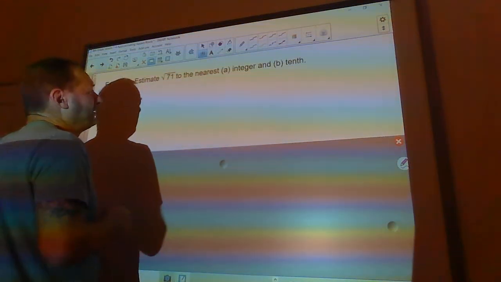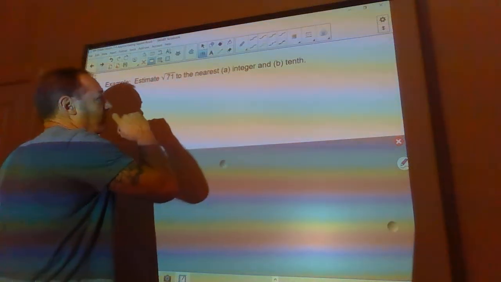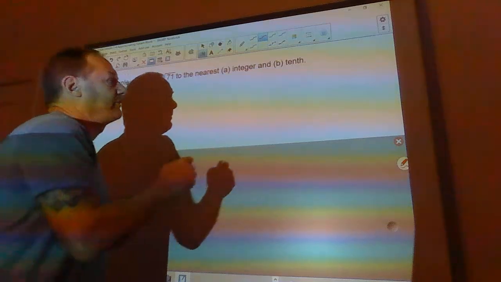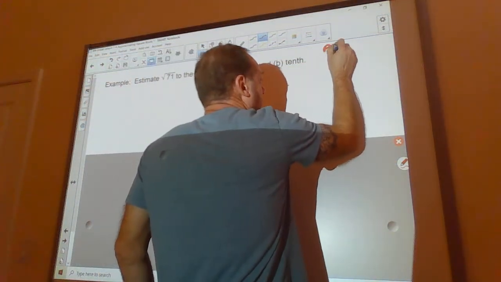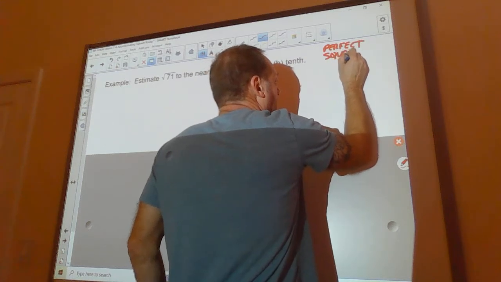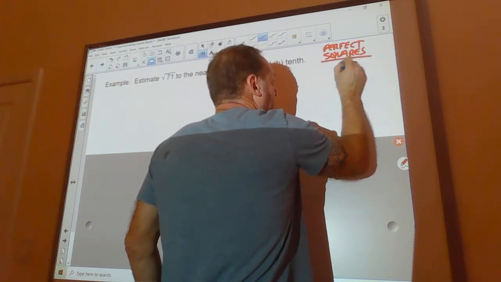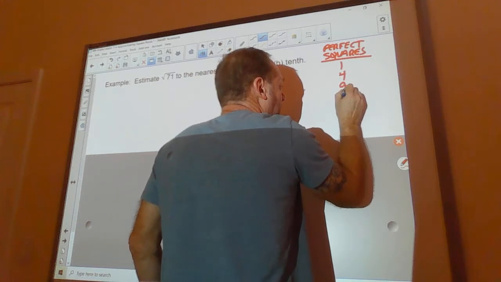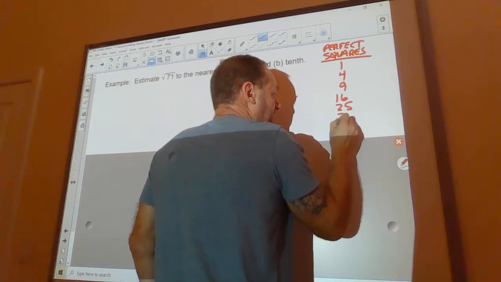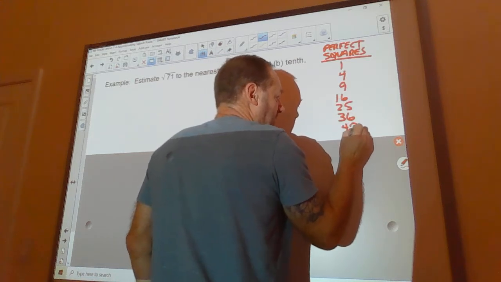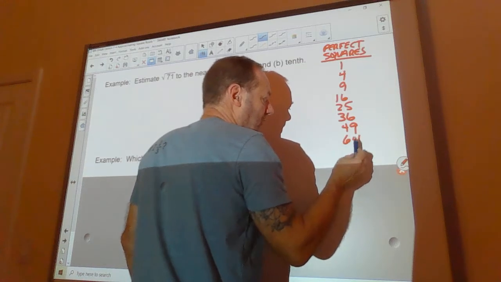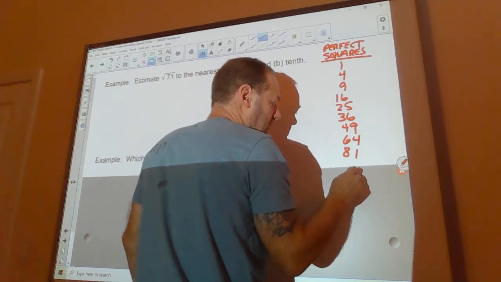So, here's the thing: to estimate square roots like this, you're going to want to know the perfect squares. So what are the perfect squares? Perfect squares are 1, 4, 9, 16, 25, 36, 49, 64, 81, and 100.